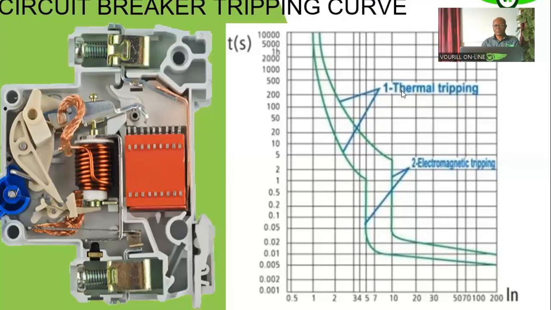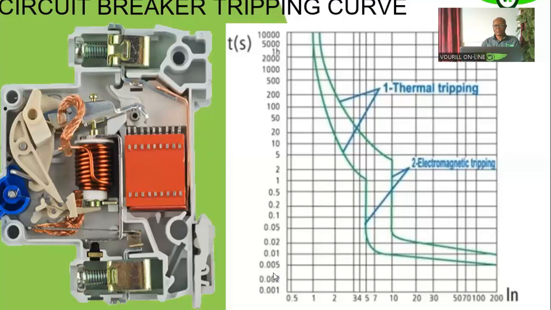of your screen now. So if you look at the horizontal axis, you see that it is in multiples of the rated current of the circuit breaker, or the nominal current rating of your circuit breaker. Then the vertical scale is your time scale. It's a logarithmic time scale.